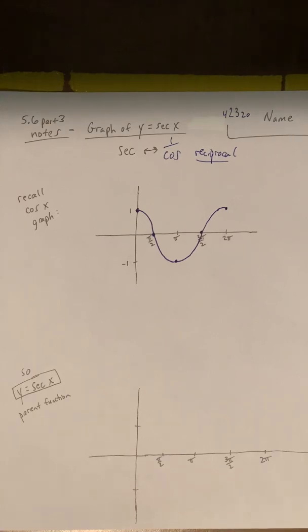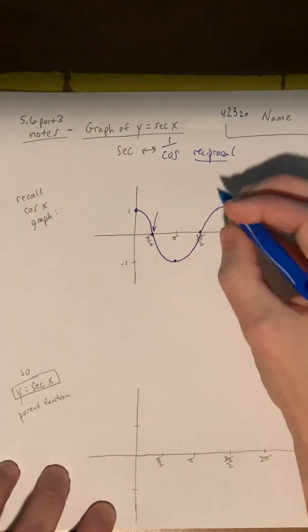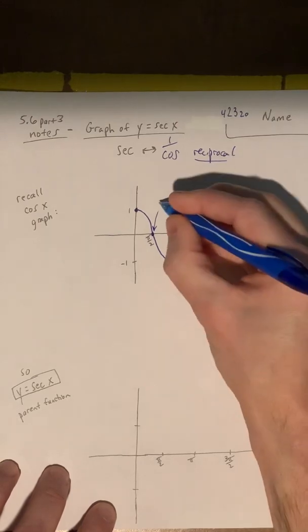All right, now, just like there were asymptotes, dotted vertical lines, undefined regions on the cosecant graph, there are the same on the secant graph. And it's where the cosine graph is equal to 0. These two spots.